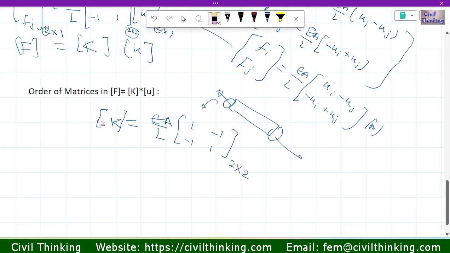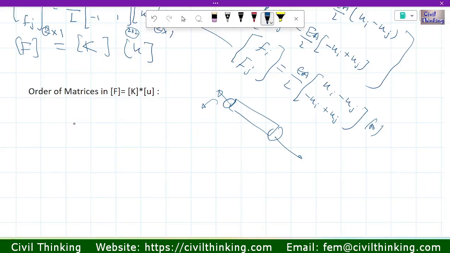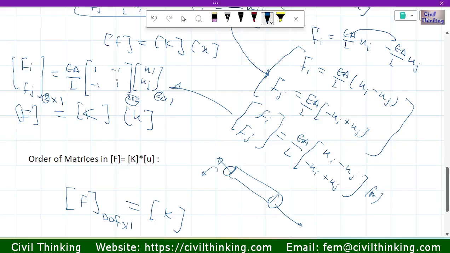So I can write here that the order of the force matrix is total degree of freedom times 1, is equal to, then we have the stiffness equation. By the way, this is called the stiffness coefficient equation, because we keep ui and uj outside, so this is the stiffness coefficients.